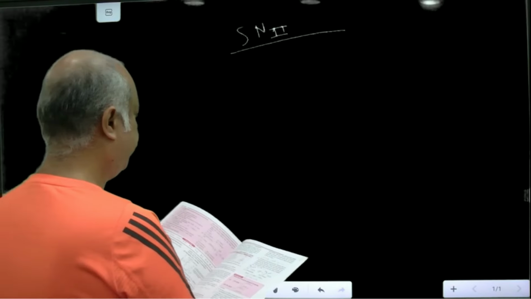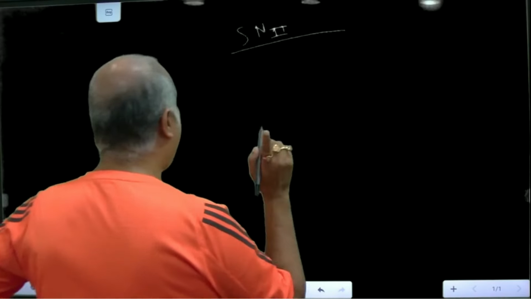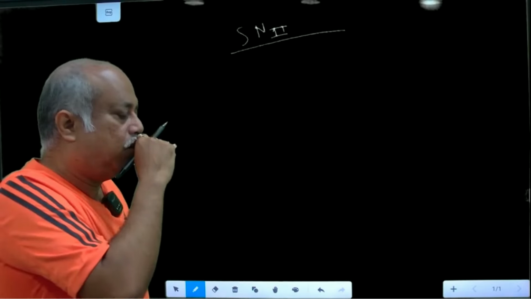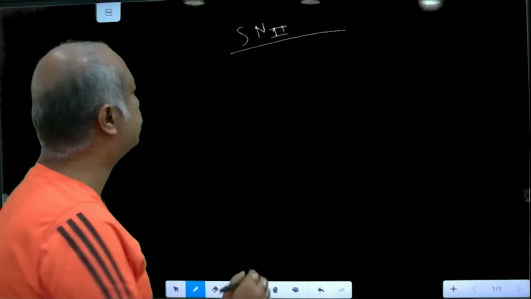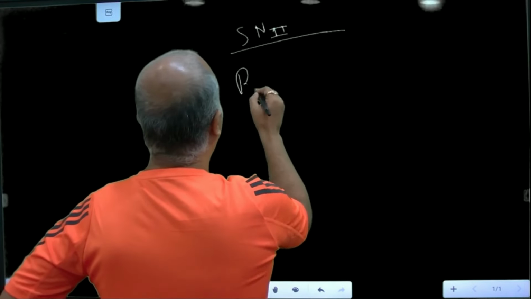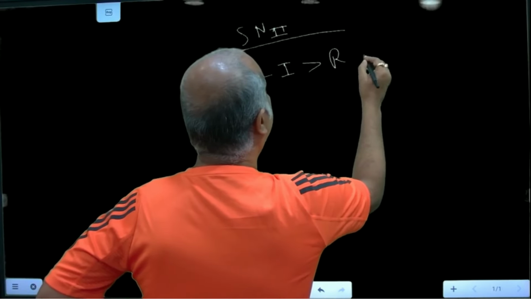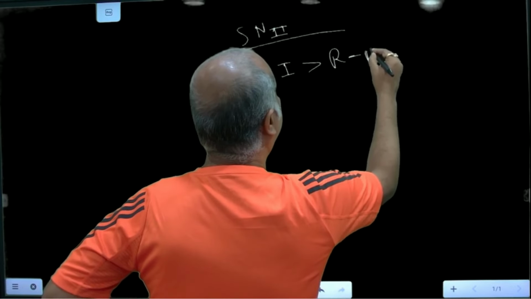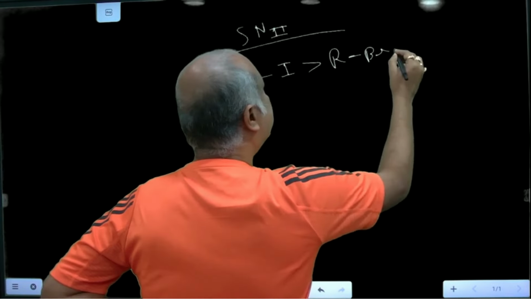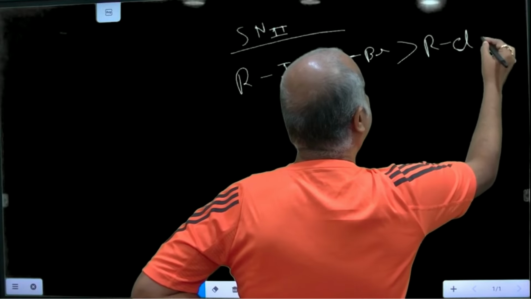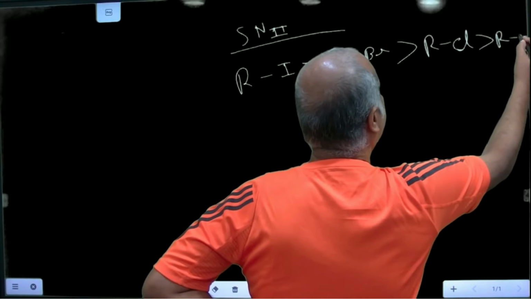One thing is the same: RI is greater than RBr, greater than RCl, greater than RF.